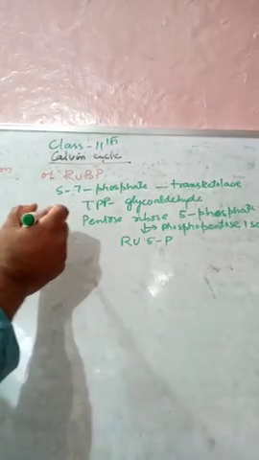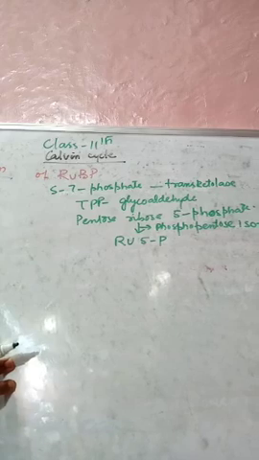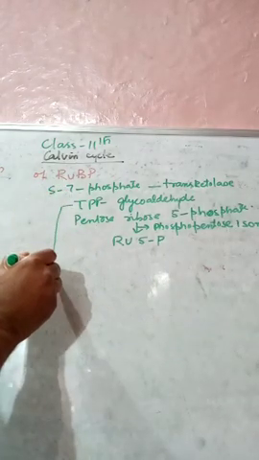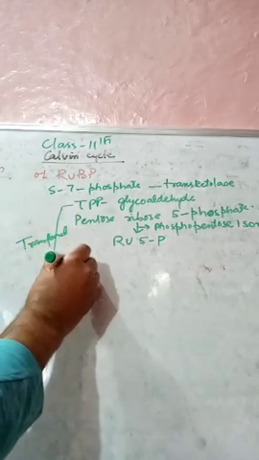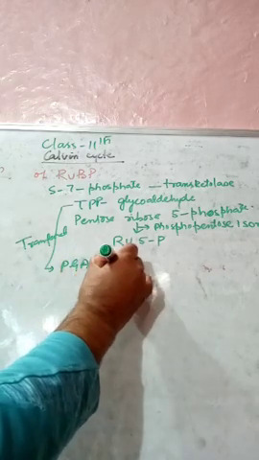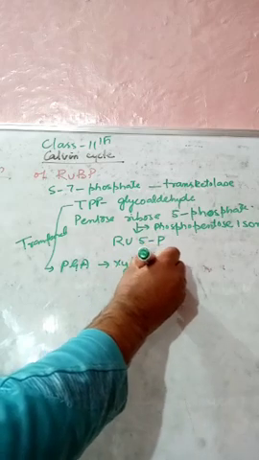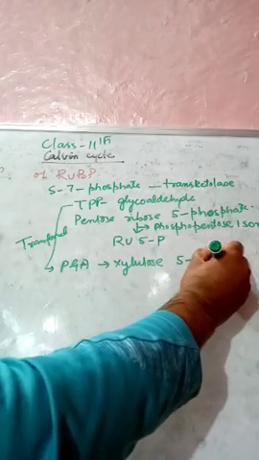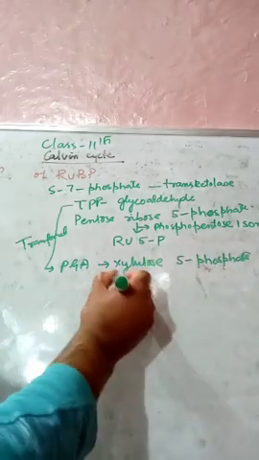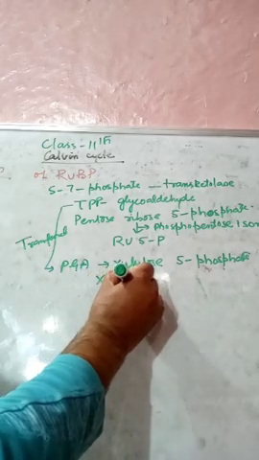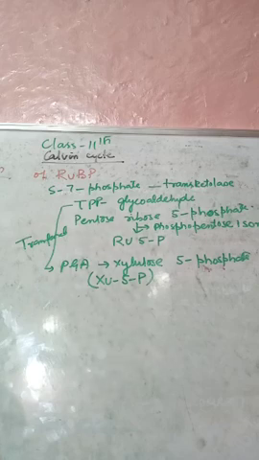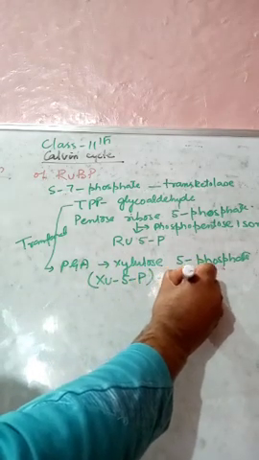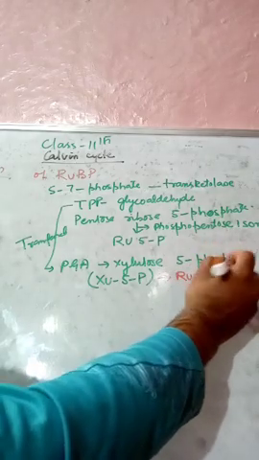This TPP glycoaldehyde is transferred to PGA forming xylulose 5-phosphate, which is converted into ribulose 5-phosphate.